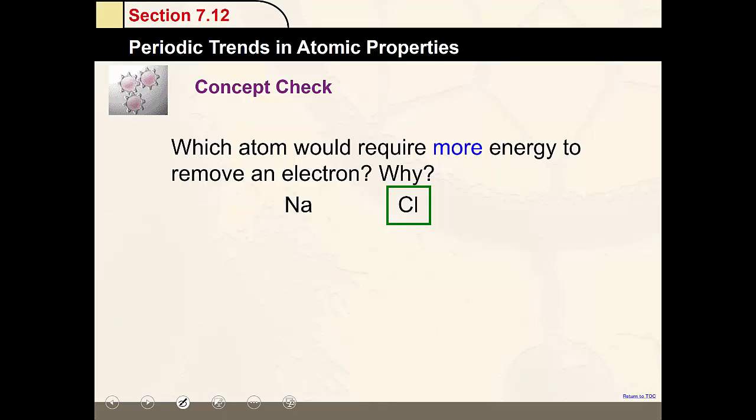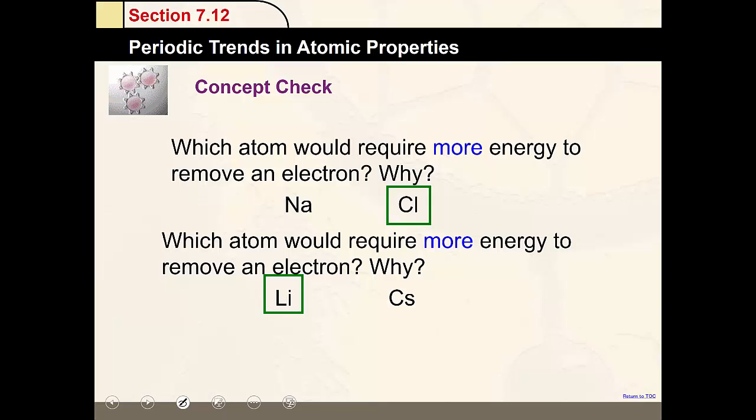Its electrons are more tightly bound, since it has a higher effective nuclear charge. It has more protons. It has 17 protons. Sodium only has 11. And all those electrons are in the same third energy level. So therefore, its electrons are more tightly bound to the nucleus.